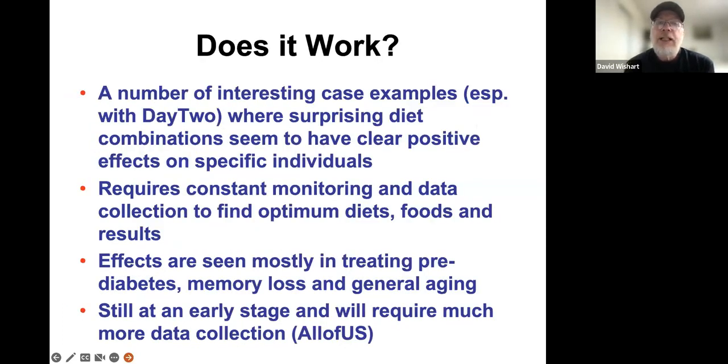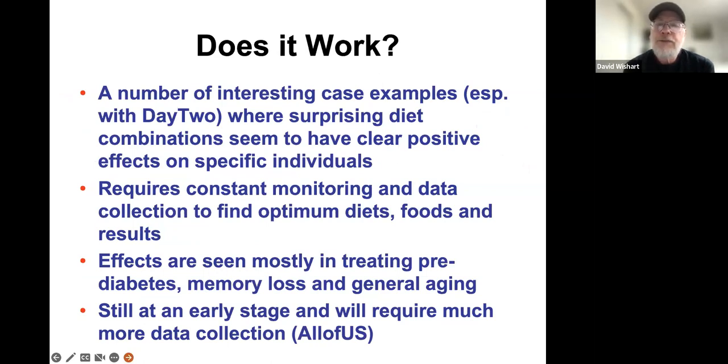So does it work? I think there's some really interesting case examples, especially with Day 2, where there are some really interesting diet combinations that were identified that seem to have some positive effects on individuals, especially controlling their glycemic index. It is clear that it requires constant monitoring and quite a bit of data collection. And these are not purely metabolomics methods.